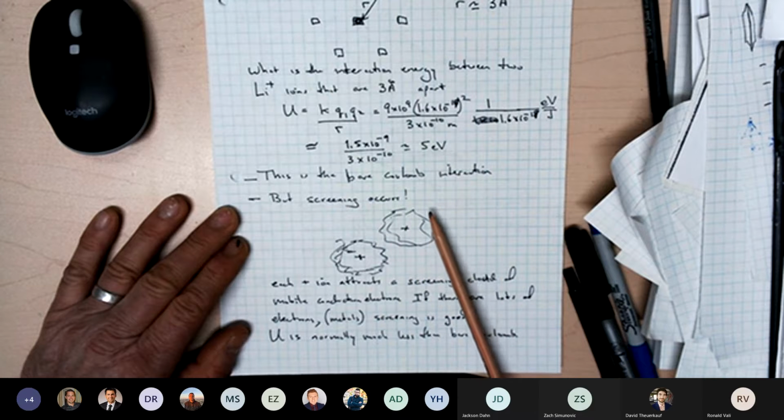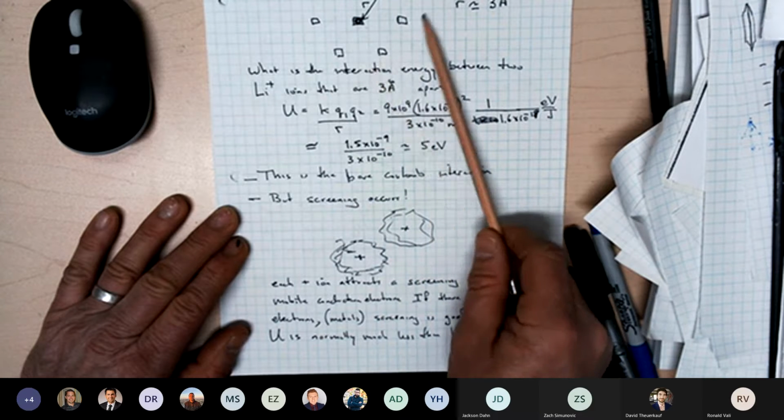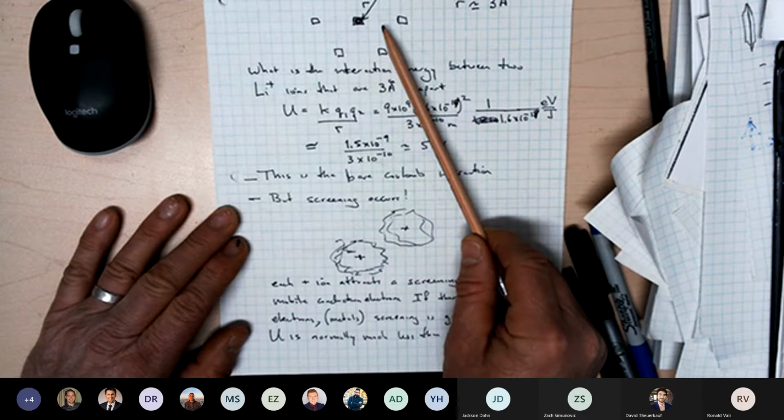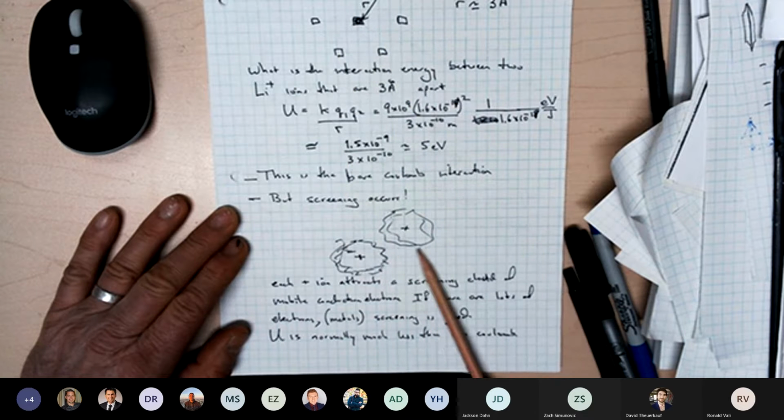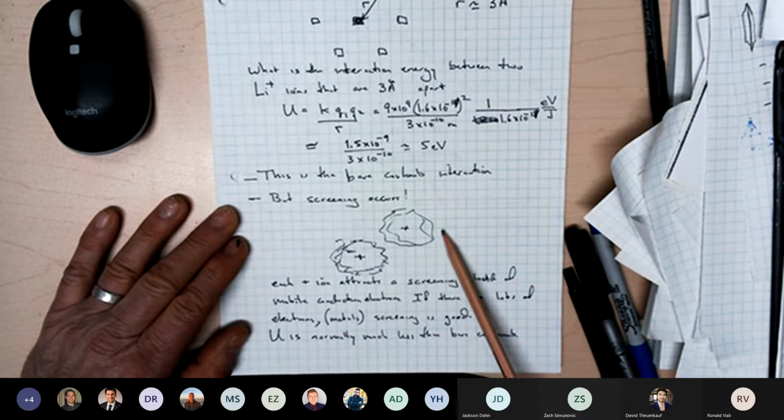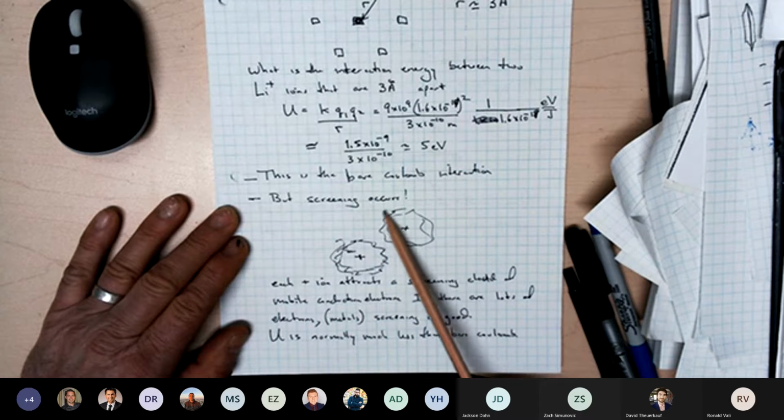And depending on the density of free electrons in the material, if it's metallic, the screening will be good. You'll attract a lot of electrons around the positive charge. And you won't have to go very far away before, if you draw a circle around the positive and these enclosed electrons, that it looks neutral.